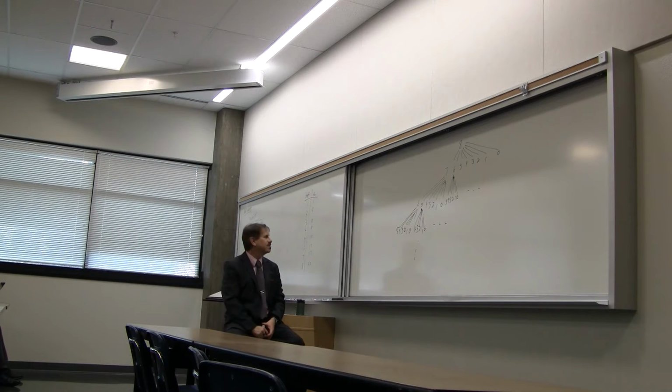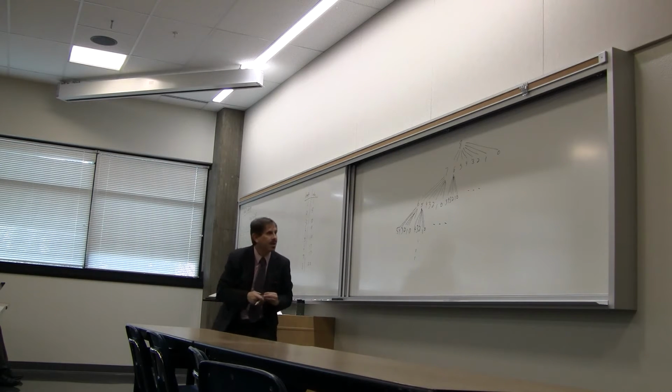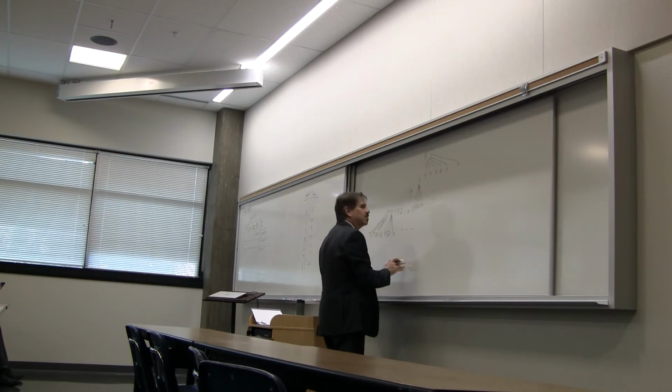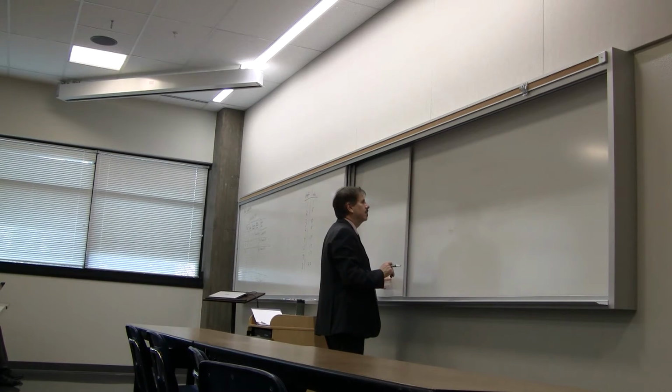Now, in this case, we have the advantage of knowing that to find max val 8, we need to calculate max val 7, 6, 5, 4, 3, 2, and 1. And so we can actually turn this problem around and think of it from the bottom up.